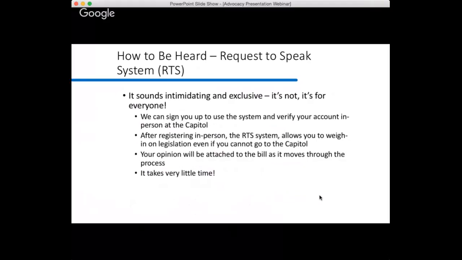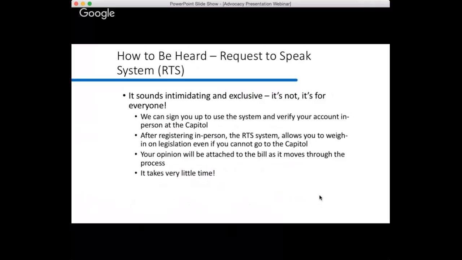Since we have signed so many new people up, we want to make sure that folks have the opportunity to walk through the system with us so that it's fresh in everyone's mind as we walk into session in January. So I'm going to briefly describe to you what it is, and then again, we will do that tutorial for everybody by webinar so that they can watch a little bit closer to session.